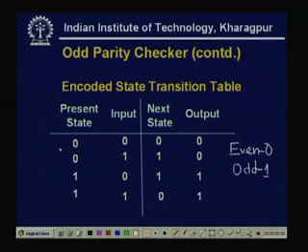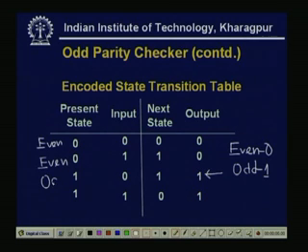We have already seen that this is even. So if the present state is even and input is 0, next state is 0, output is 0. If the present state is even, that means 0, and input is 1, it gives next state 1, because the next state is an odd state, odd is 1, and output is 1, which is shown in the next clock cycle.